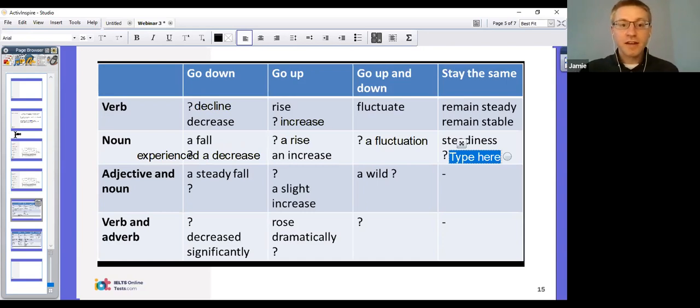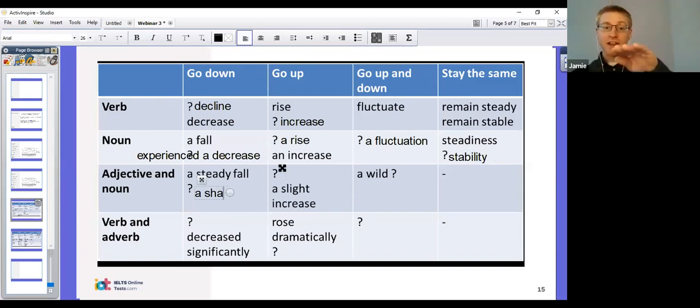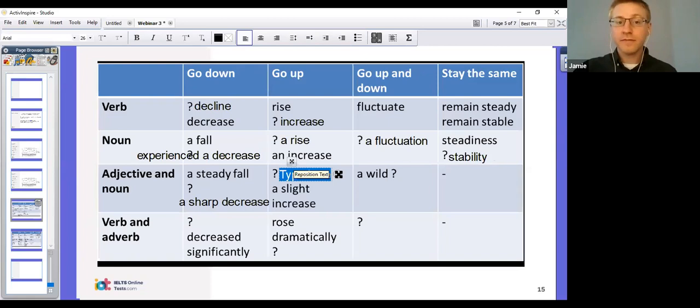Very good. Now, we can also use an adjective here. We can say a steady fall, or let's say, if it's more dramatic, we could say a sharp fall, a sharp decrease. If we want to say a slight or a steep increase or a steep rise.